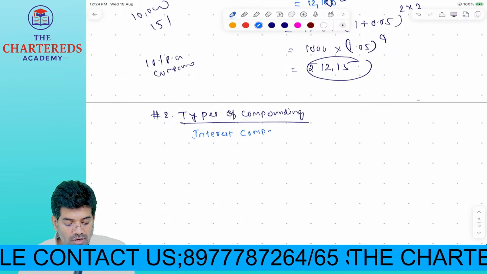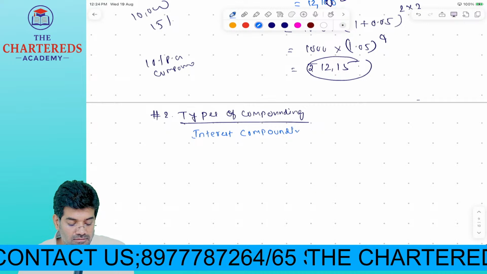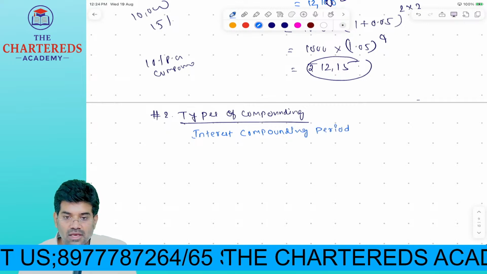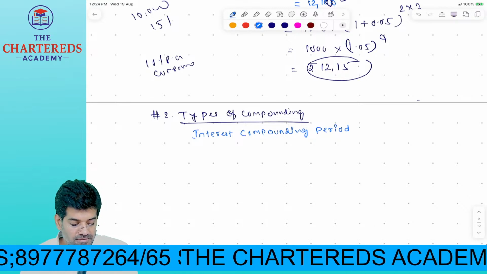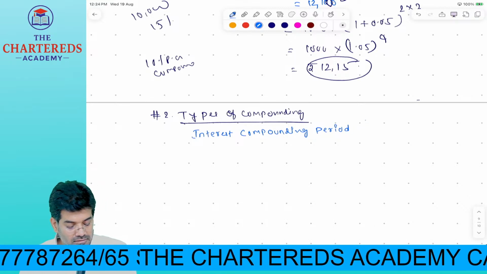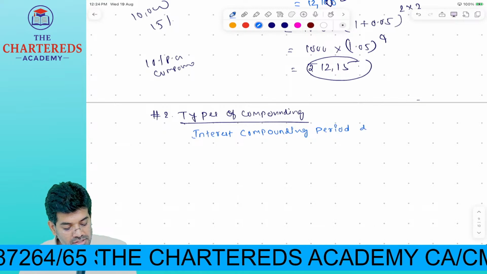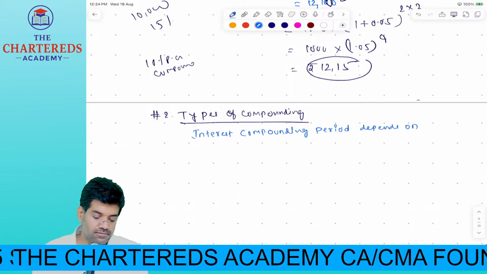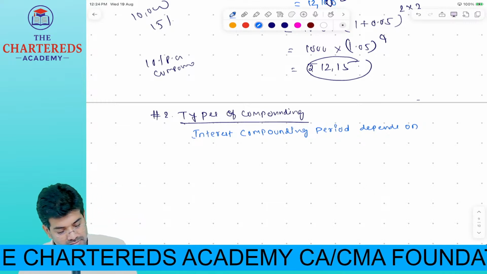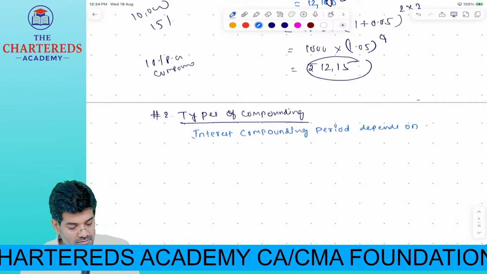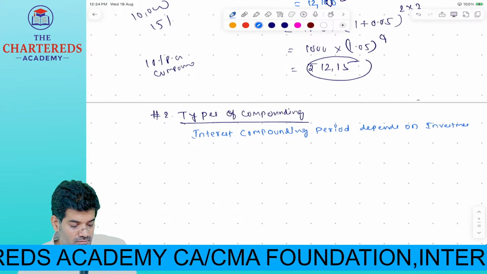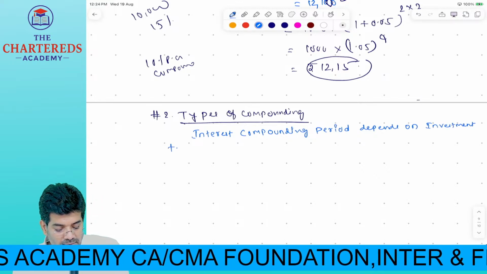Interest compounding period depends on investment time period.